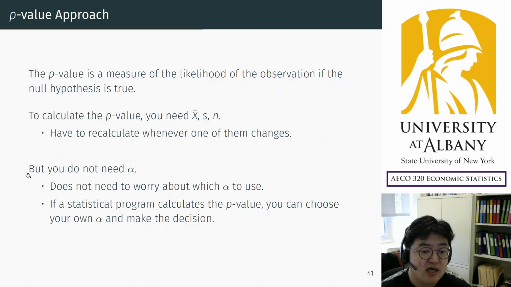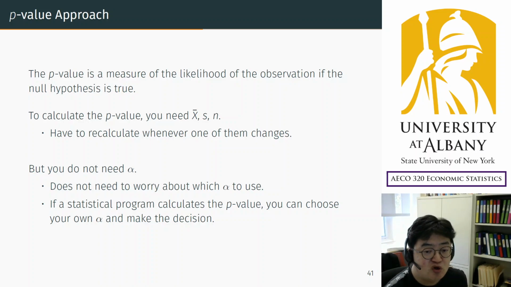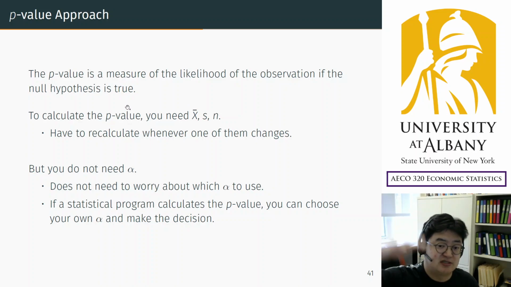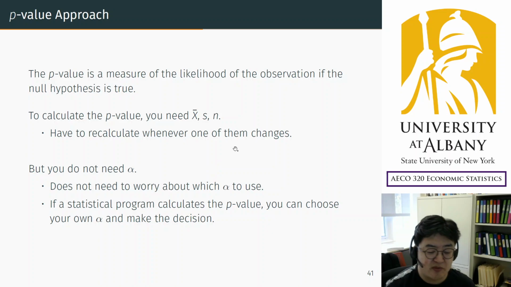But the good thing is, it does not need to know alpha. For example, if you do not change your data but would like to change alpha depending on the situation, the p-value is very convenient because you have the same data, so you calculate the p-value once. What changes is your strictness, your significance level. Then, given the same p-value, just compare it to your own alpha. It is easier to program that way.